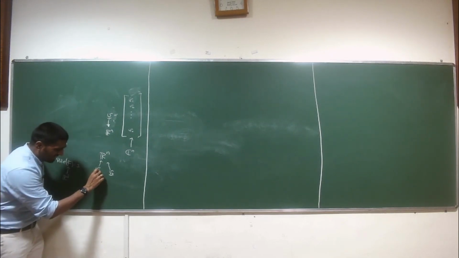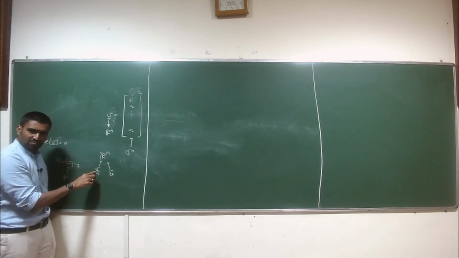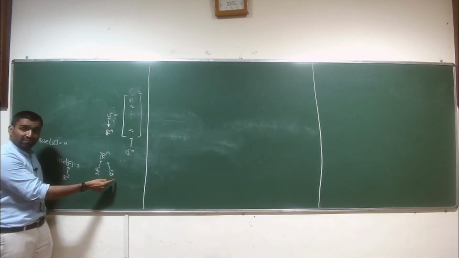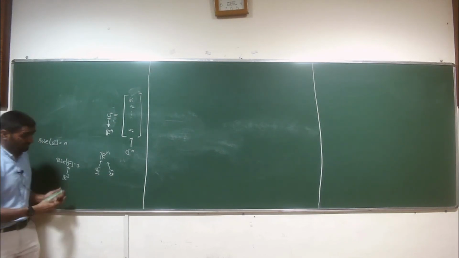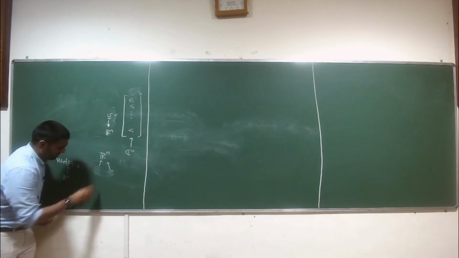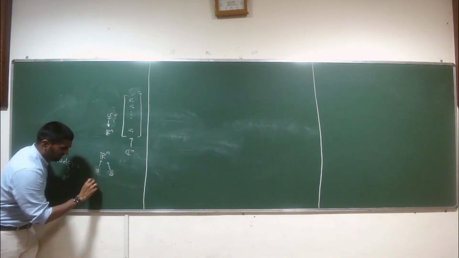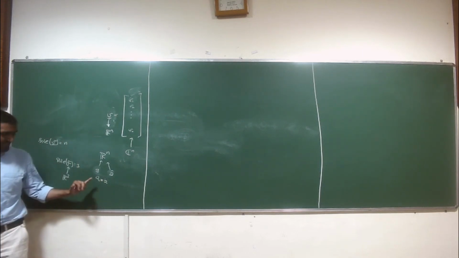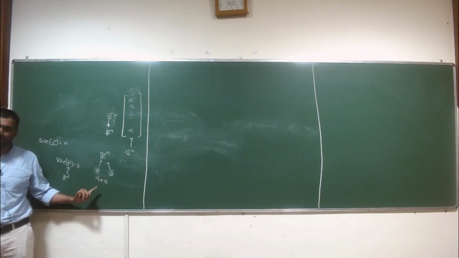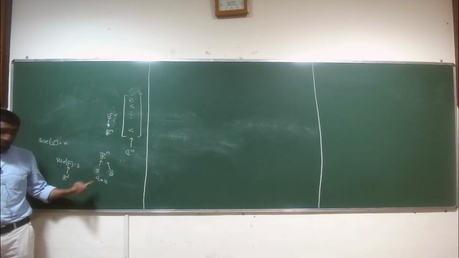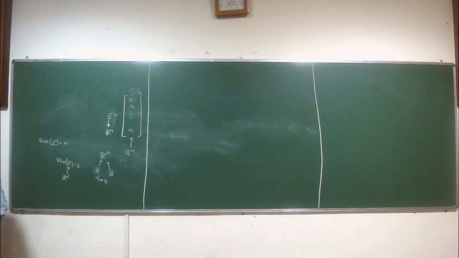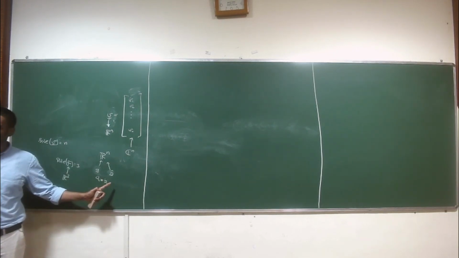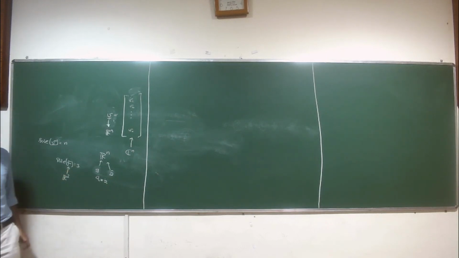Second, each element of the first vector must be equal to the corresponding element in the second vector. Maybe I should not use V, I'll use A and B. That means A_i should be equal to B_i for all i. That means A1 should be equal to B1, A2 equal to B2, and so on and so forth. If both these conditions are satisfied, then you say that the vector A is equal to vector B. Otherwise, you say they are not equal.